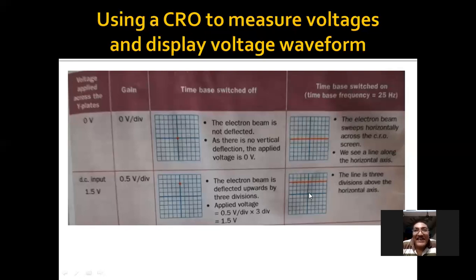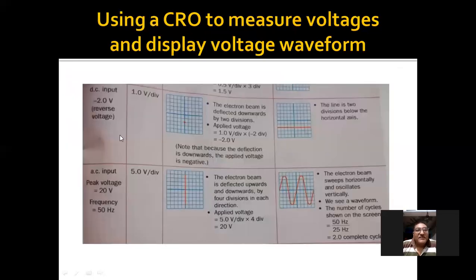It is 3 steps vertically above the mean position, and each step represents 0.5 volt. Three steps means 0.5 plus 0.5 plus 0.5, which represents 1.5 volt. So this is how the DC voltage will look when the time base is on and the Y gain setting is 0.5 volt per division. I hope you have understood.